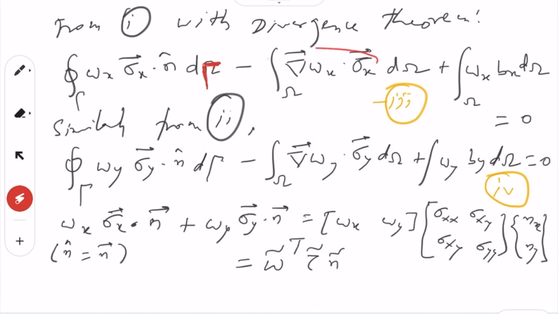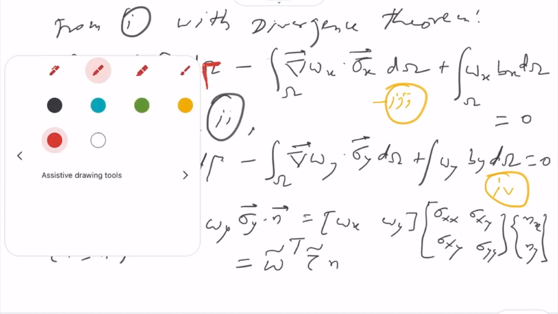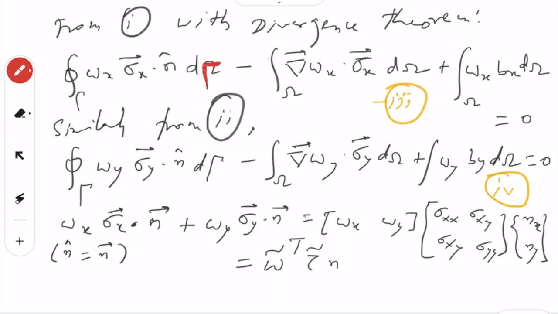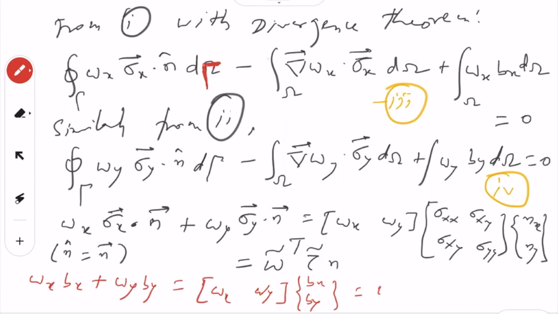Next we have this and this, that we can combine together. Before that, let's write this one in a different color. wx bx plus wy by is equal to, we can again write wx wy, and then bx by, and again we can write it as w tilde transpose b tilde.